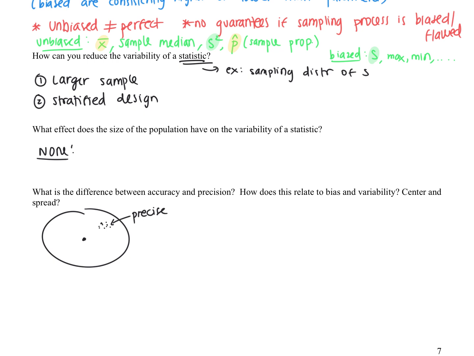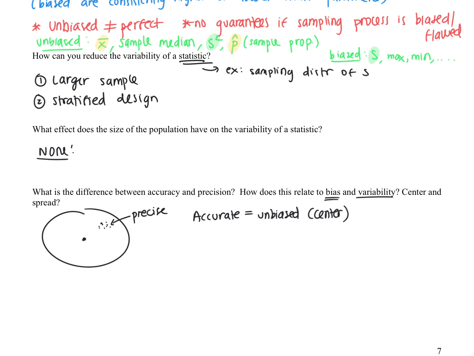So in terms of bias and variability, accurate means that our statistic is unbiased, which has to do with the center of the sampling distribution. So like I said with the German tank problem, we're looking at, was the center at 100?